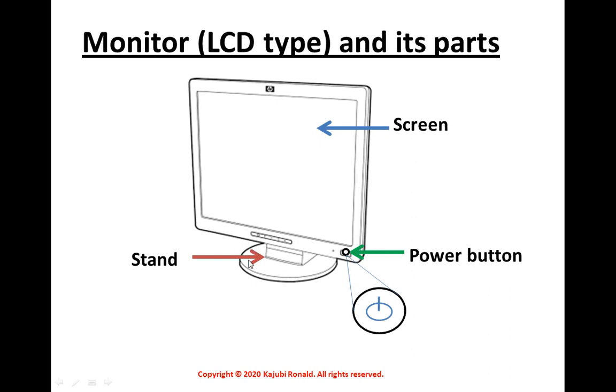This part here that holds the monitor firm on the ground or on a table is what we call a stand. And this button here, actually it is small here, so I've magnified it for you to see it clearly. It's the one we call a power button.